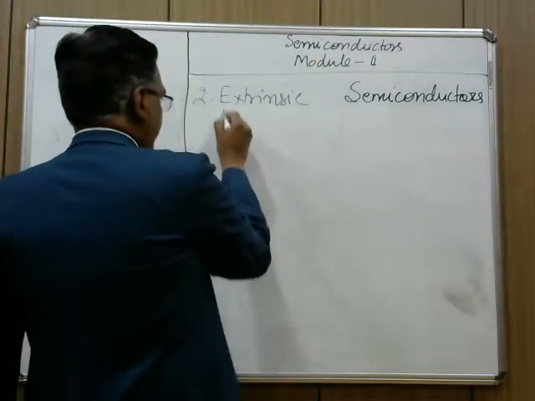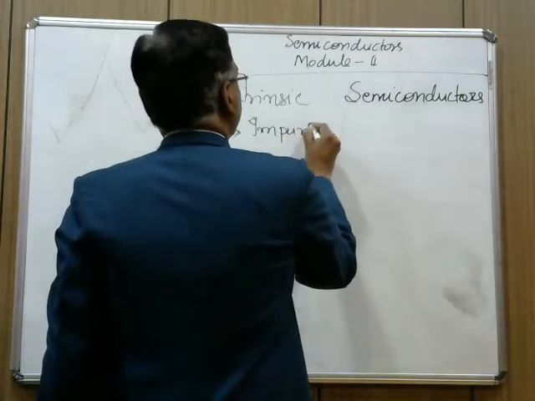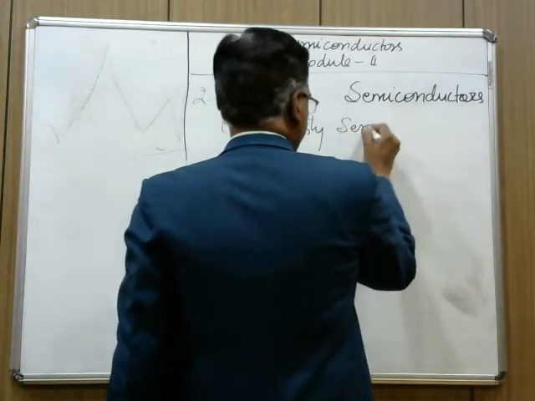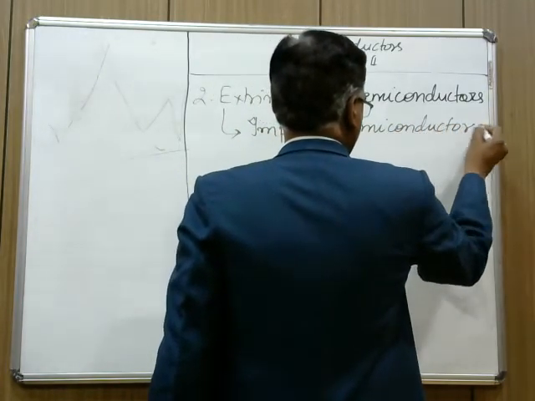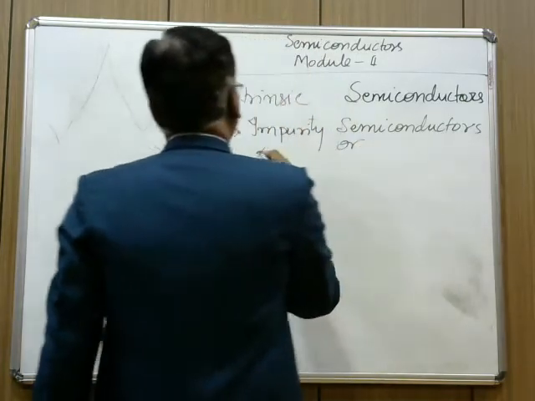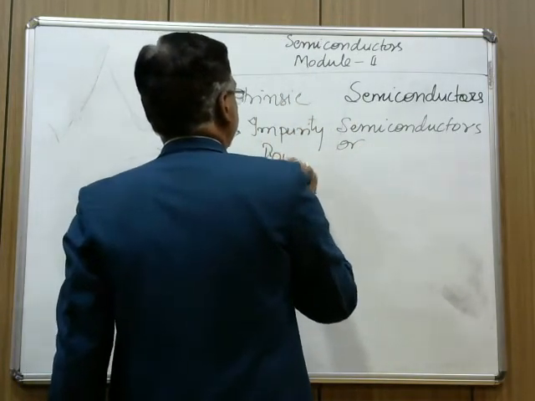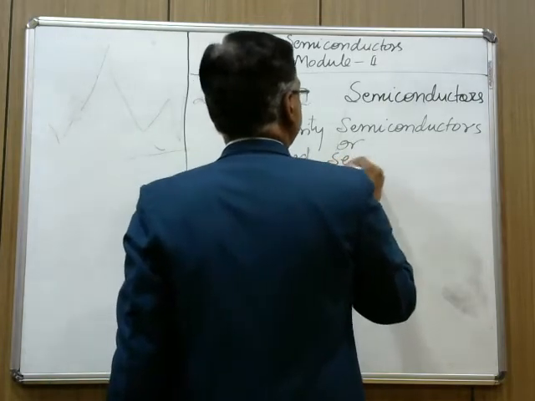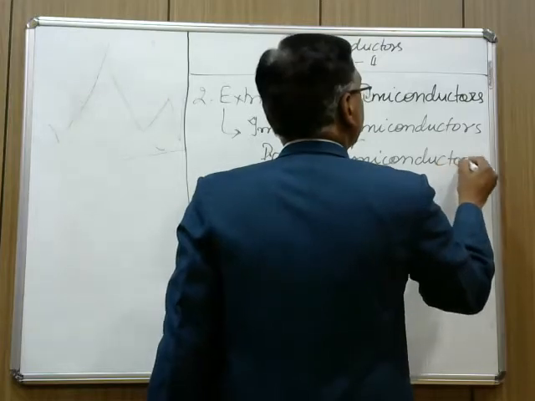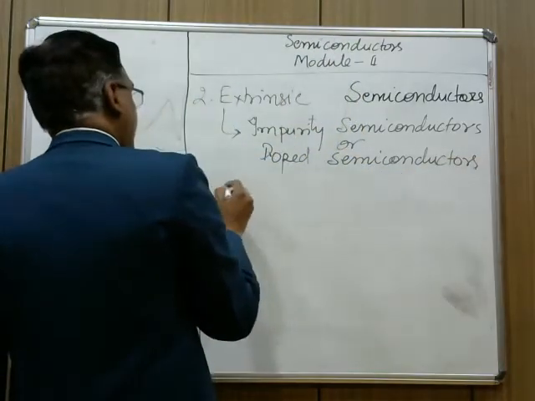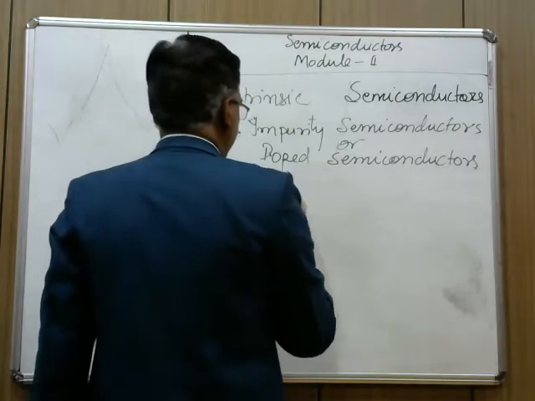Extrinsic semiconductors are also known as impurity semiconductors or doped semiconductors. Doping is the process of mixing. These are the keywords.